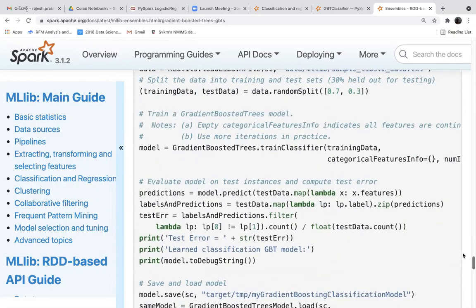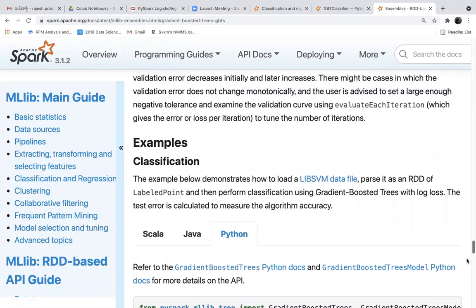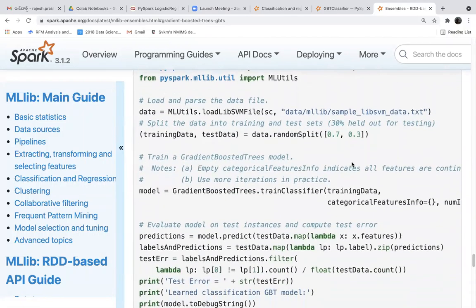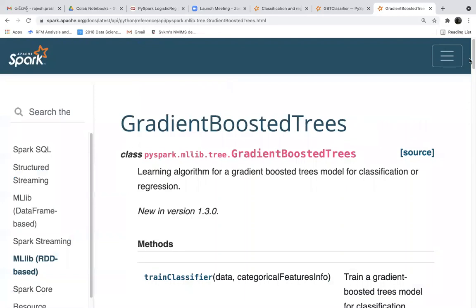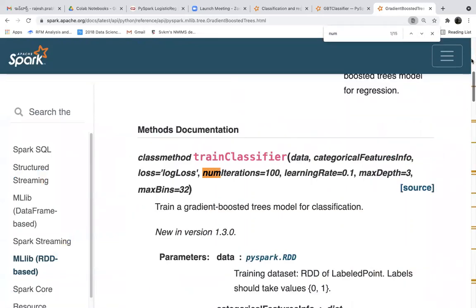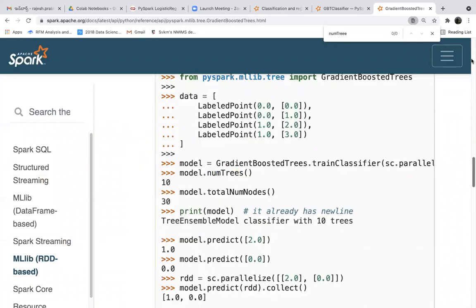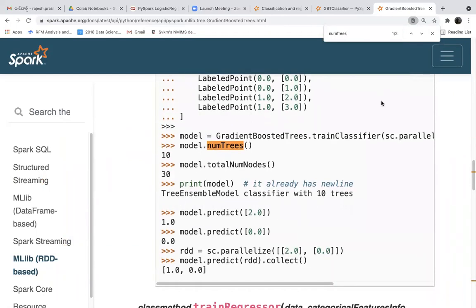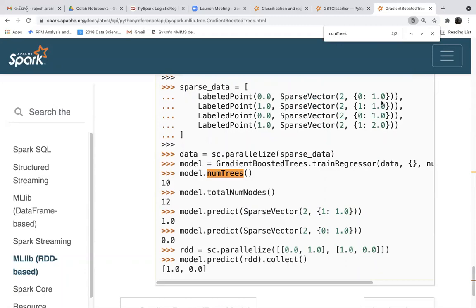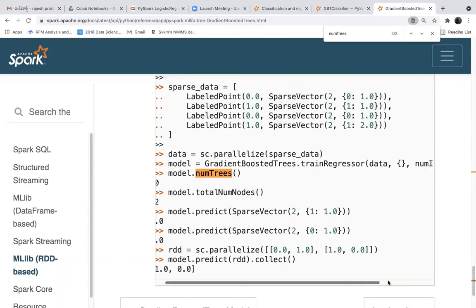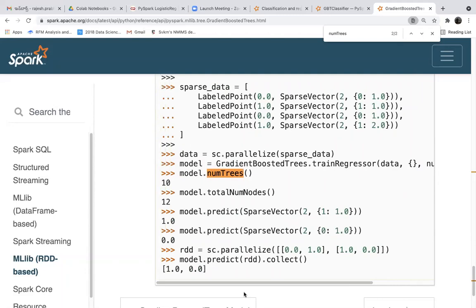Because in the code, wherever they are given, they are giving number of iterations and loss as the arguments, not more than that. So I think we can't give the number of trees argument here.